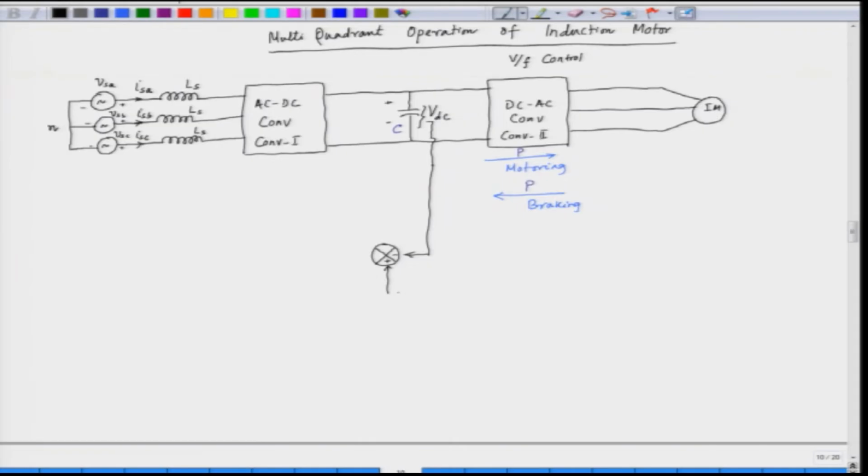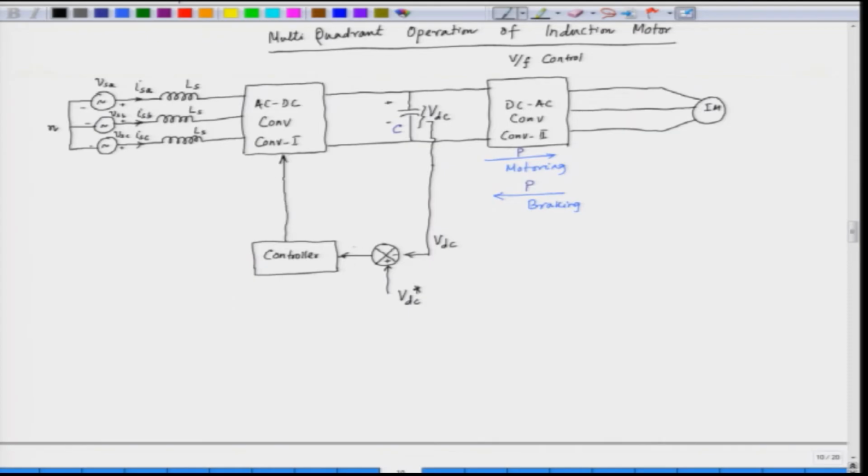So, we want to maintain a reference DC link voltage, which is VDC star. So, this VDC star is compared with the feedback voltage, that is VDC, which is obtained from the DC link by means of a sensor, and the error goes to a controller. This controller processes this error and gives the signal to converter 1.